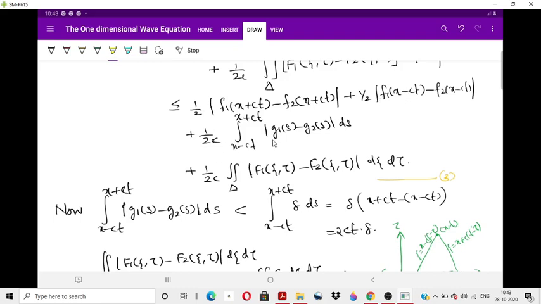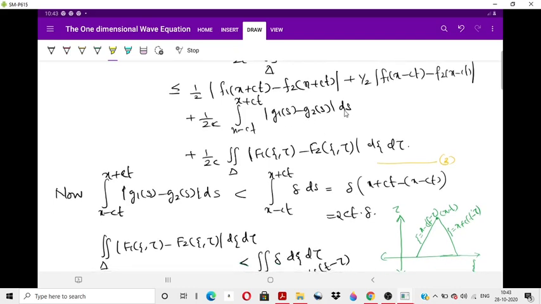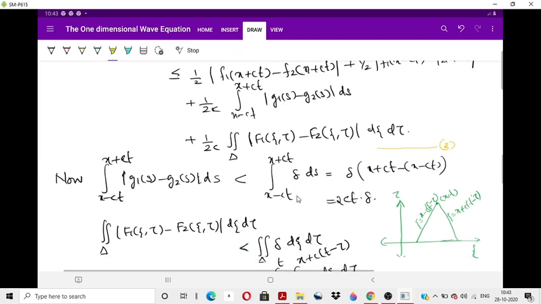In the second integral, under the integral there is mod g1(s) minus g2(s), that is also less than delta, and we can calculate the integral. So for that, the integral from x-ct to x+ct of mod of g1(s) minus g2(s) ds is strictly less than the integral from x-ct to x+ct of, instead of this difference, delta that we have already taken.